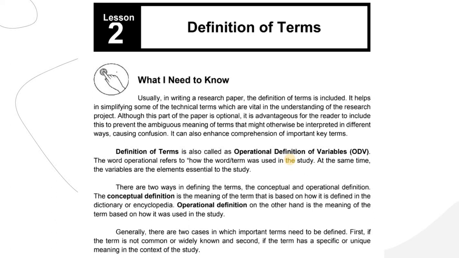We have to be very careful and ensure that everything that we are doing, writing, has a proper basis and evidence. So there are two different ways on defining the terms. The conceptual and operational definition.